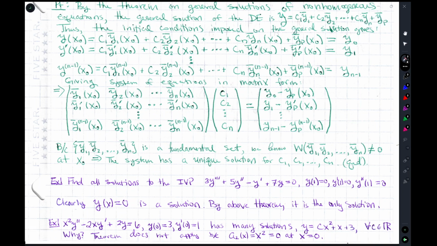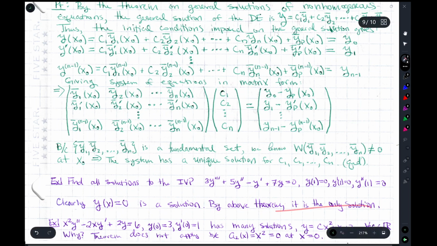Just plug in y equals 0, and you get 0 on the left and 0 on the right. Great. And y equals 0 would also satisfy these initial conditions. So y of x equals 0, the constant solution, is a solution. This trivial solution is a solution.